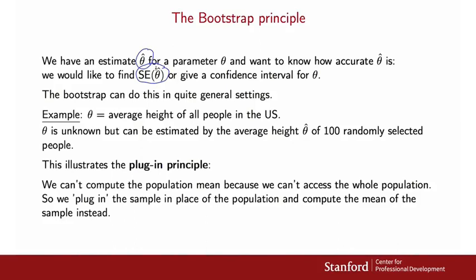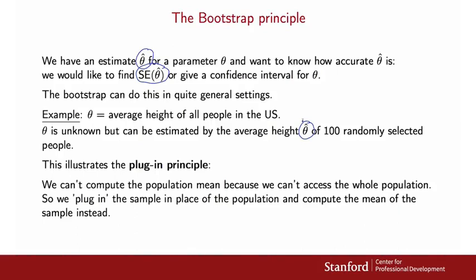To explain how the bootstrap works, let's first look at the so-called plug-in principle. In the example we had earlier, we were interested in the average height of all people in the US, and we estimated that with the average height theta hat of 100 randomly selected people.